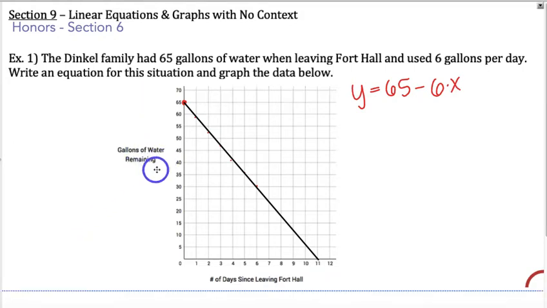No arrows are needed on this graph because we are not going to have a negative number of days or a negative amount of water. So we will have solid points on the y and the x-axis.